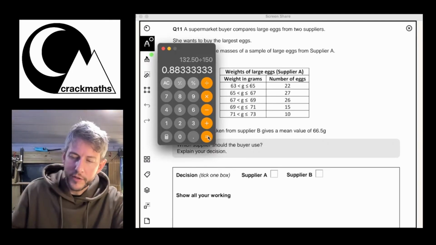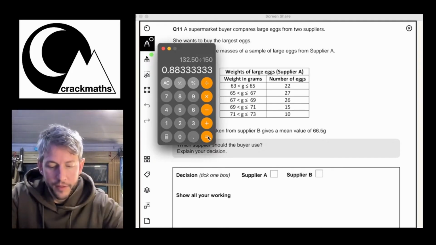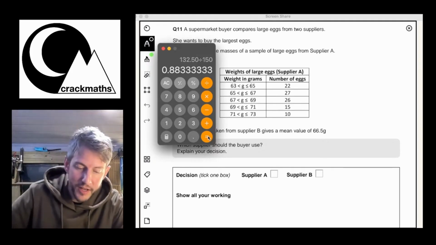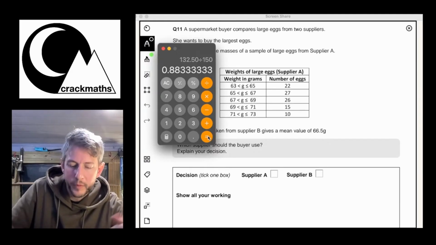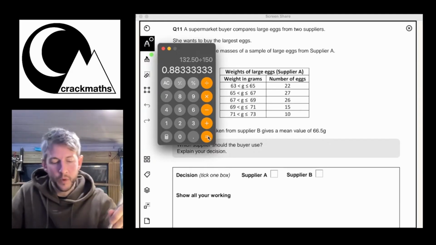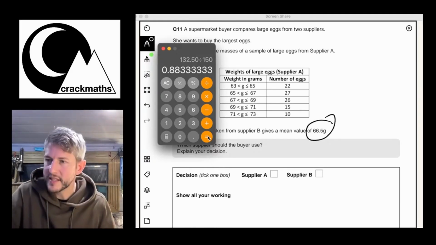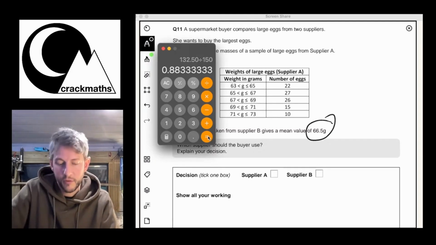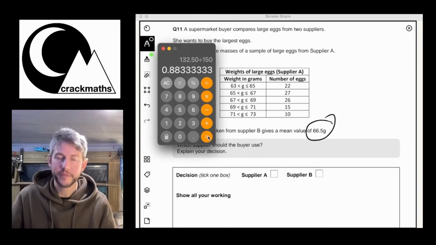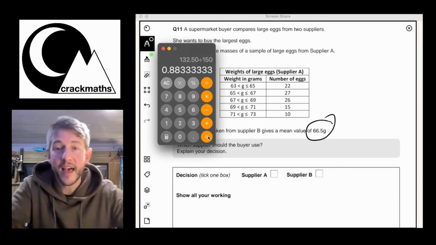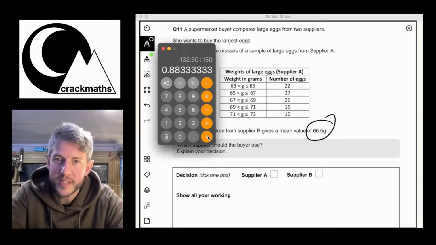The table shows the masses of the sample of large eggs from supplier A. A similar sample is taken from supplier B, which gives a mean value of 66.5 grams. Which supplier should you use? Explain your decision. So this is a mean from a grouped frequency table.